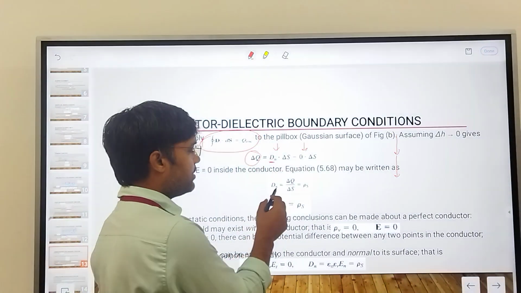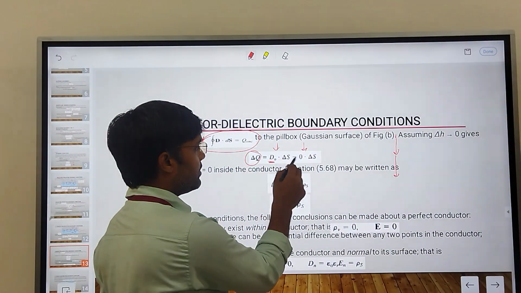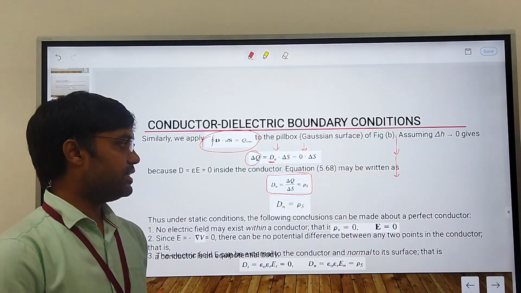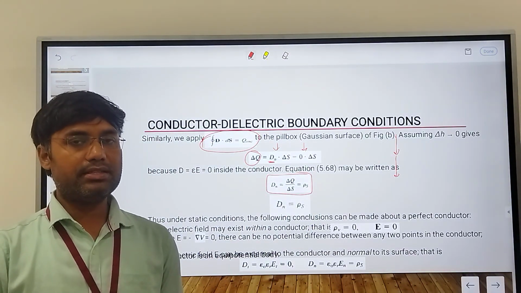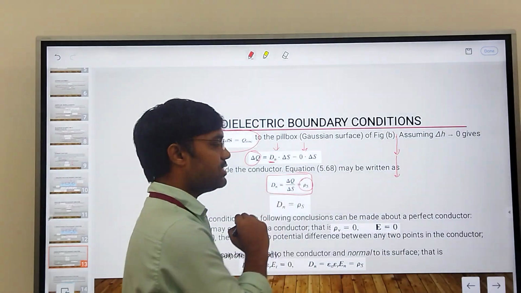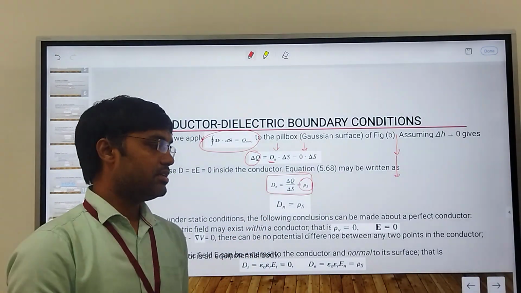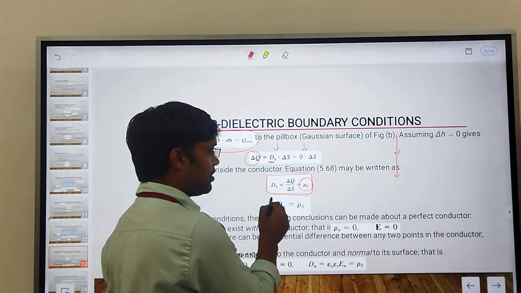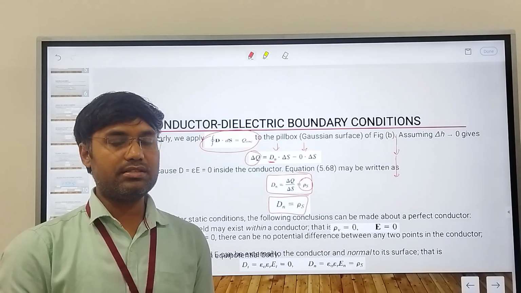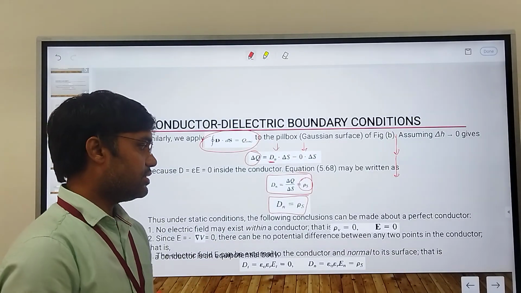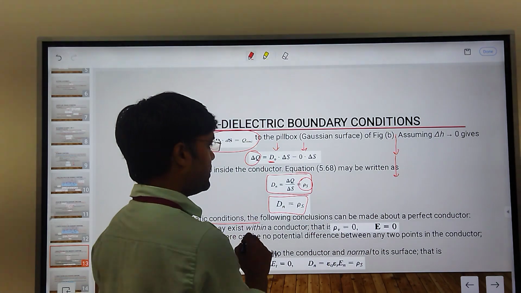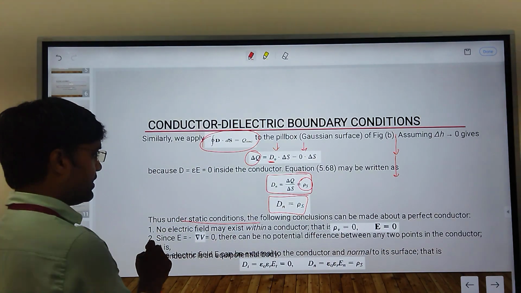So D_n, the normal component of electric flux density, is equal to the charge divided by that differential surface, which is the charge per unit area, defined as surface charge density. So the normal component of electric flux density is equal to the surface charge density covering that surface area.